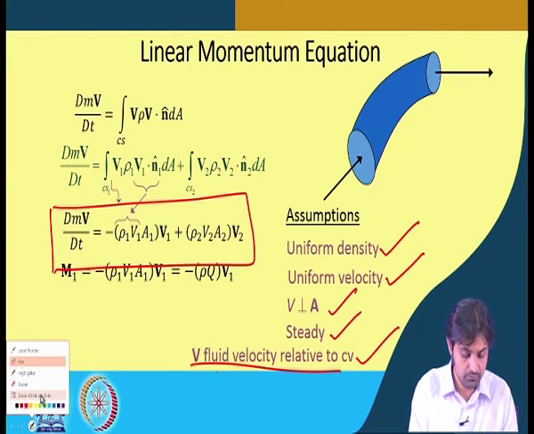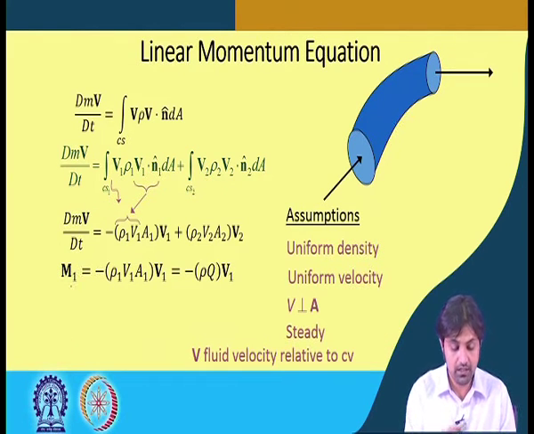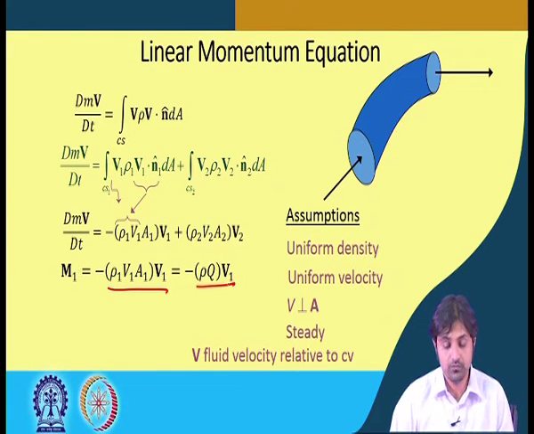M1 can be written as minus rho 1 V1 A1 times V1, or minus rho Q V1. This is one term, capital M1.